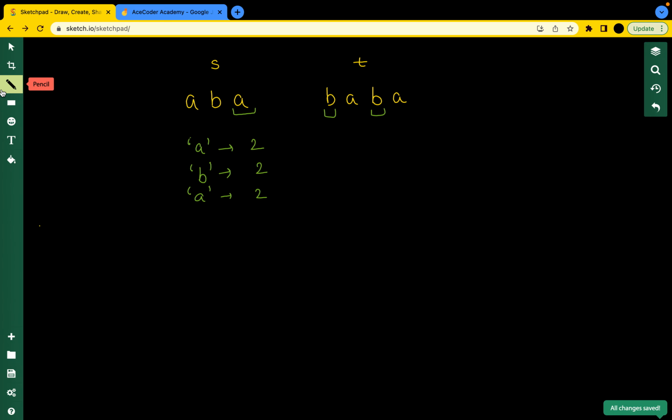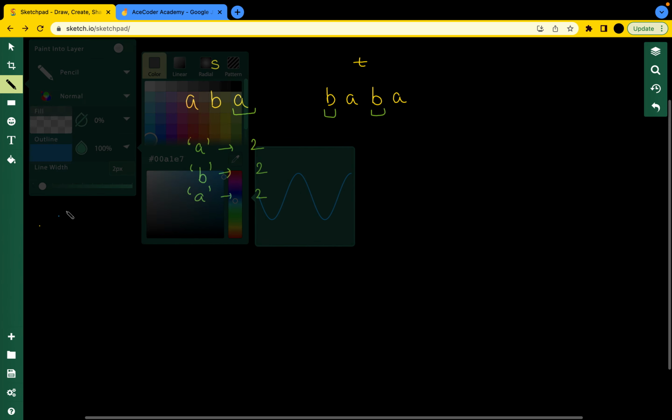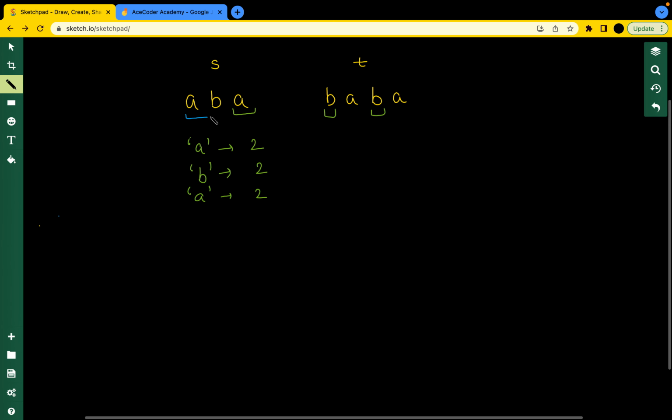Now let's have a look at substrings with length 2. If I take AB, then I can clearly see that there is no substring possible which differs in a single character.